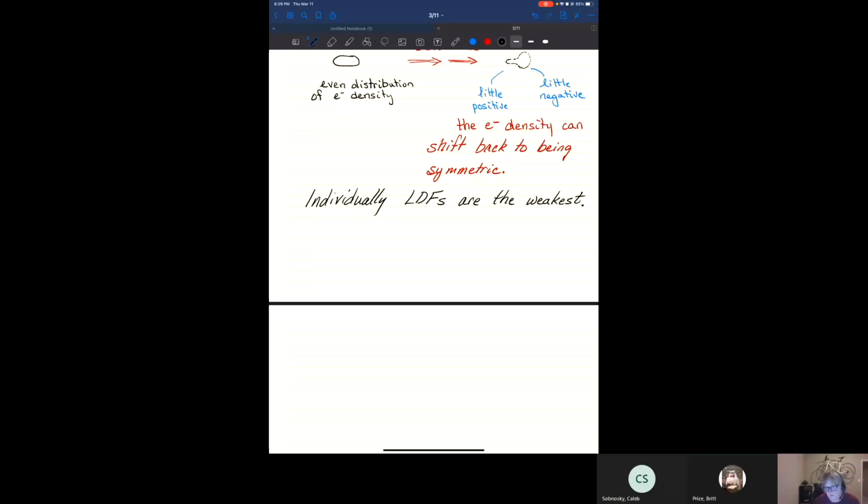So gasoline molecules interact with other gasoline molecules through these London dispersion forces. Oil is also nonpolar. So it also only can interact through these London dispersion forces.